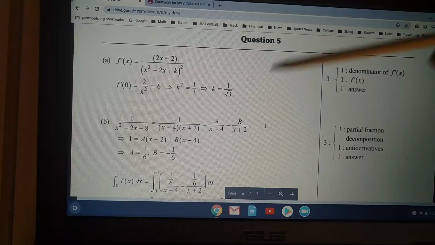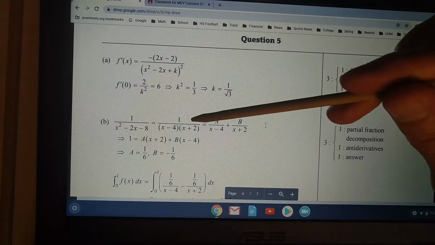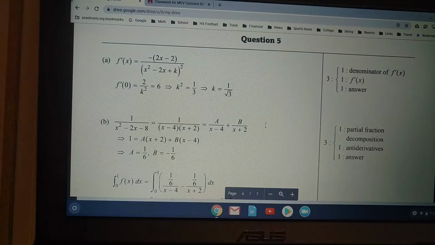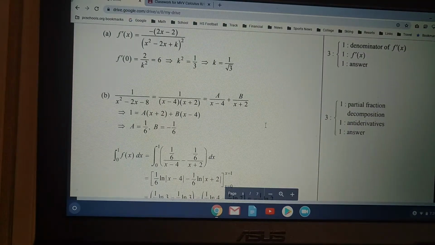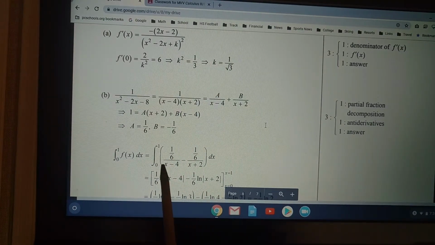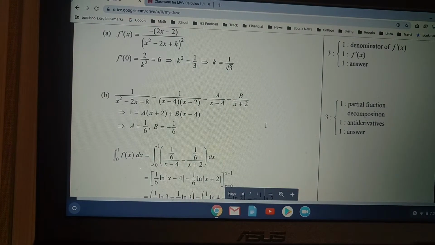Part B, now we're doing a partial fraction decomposition. If you get the correct partial fraction decomposition, which means that you get to this expression right here that's inside the integral, you get 1 point. But you must get it and express it in that form right there.